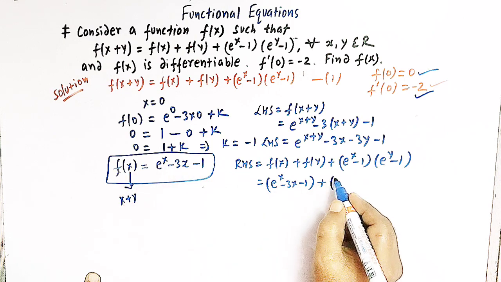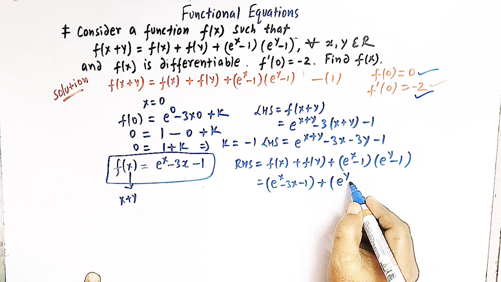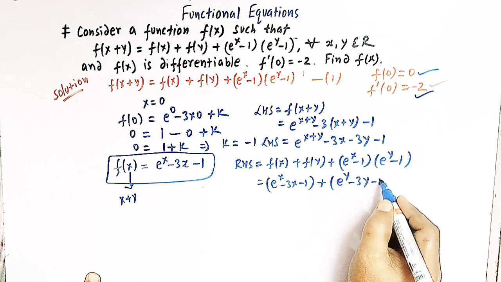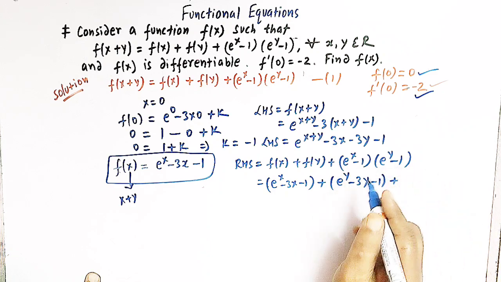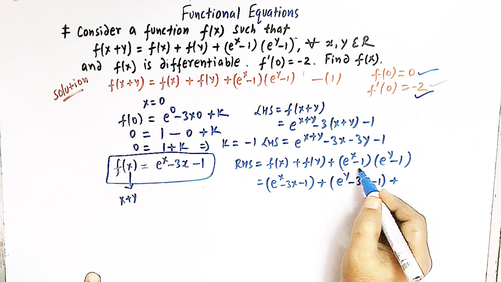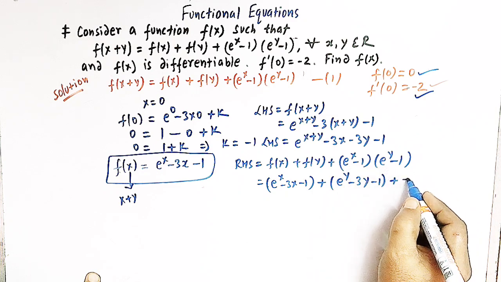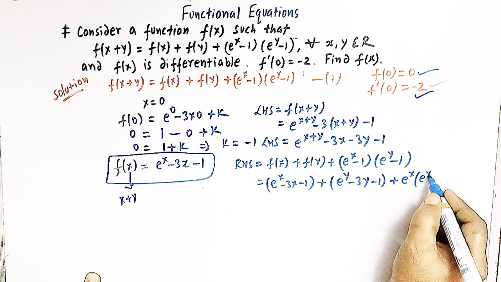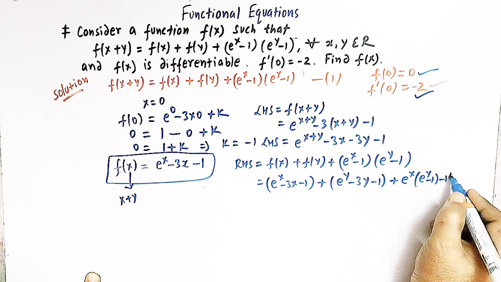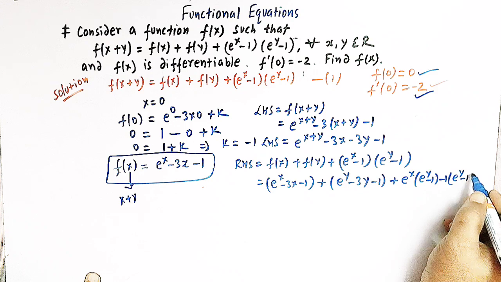So we have f of y is equal to e raised to y minus 3y minus 1, and here we have the product of these two terms. So taking the product, we have e raised to x times e raised to y minus 1, then we have minus 1 times e raised to y minus 1.